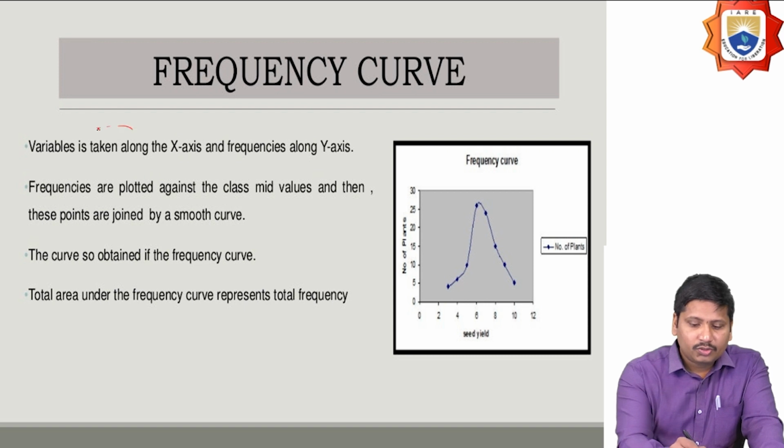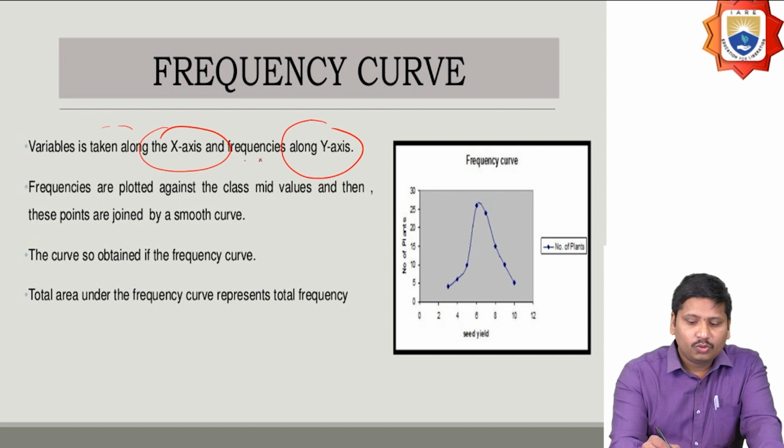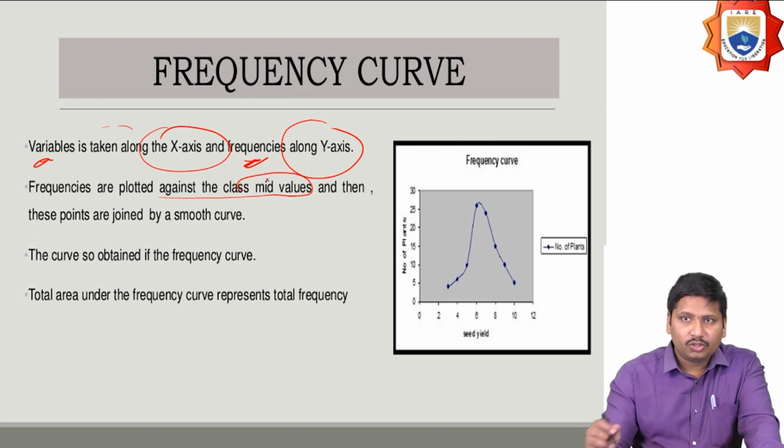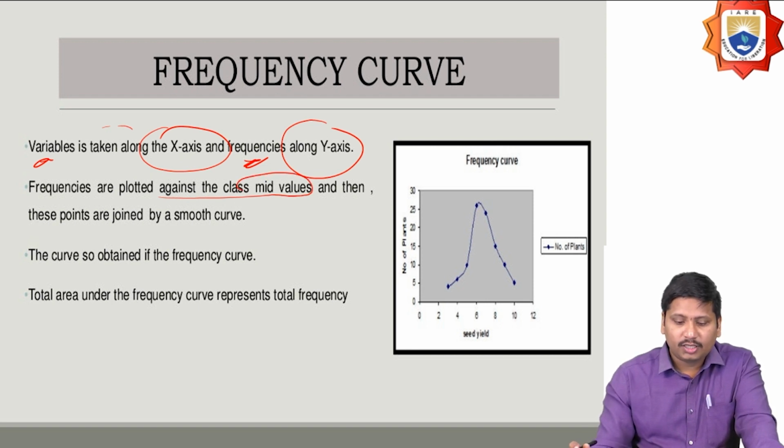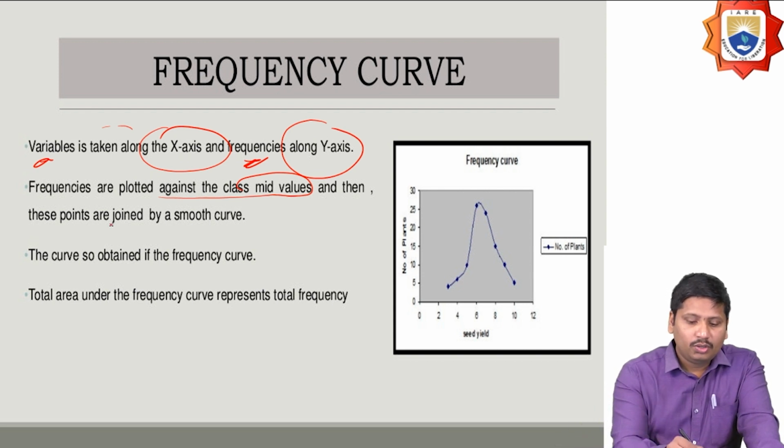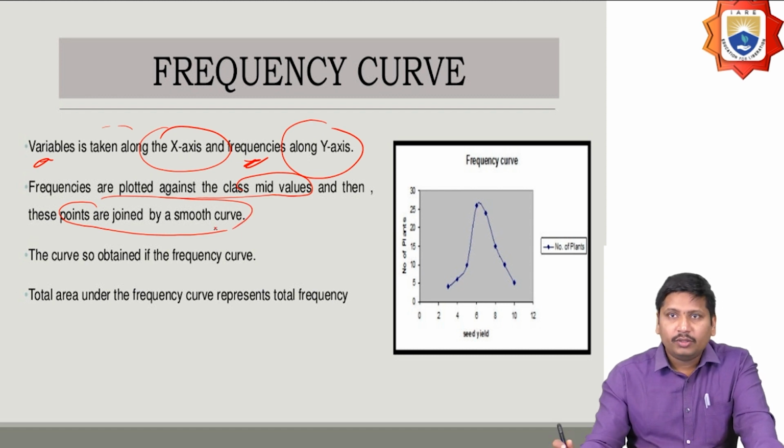In the frequency curve too, the variable is taken on the x-axis and the frequency on the y-axis, and these frequencies are plotted against the class values. The histogram is constructed in a similar fashion. Once the histogram is constructed, all the midpoints of the rectangles are joined by a smooth curve. That is what we call the frequency curve, and the total area under this curve represents the total frequency.